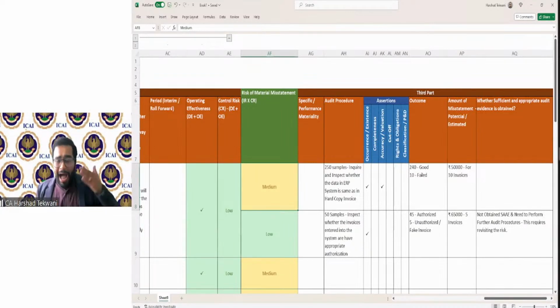Are you getting my point? Higher the risk of material misstatement, higher the evidence I require, higher the testing I will perform, lower the detection risk will be, and lower the audit risk will be. Hope I'm clear on your doubt, Charu.